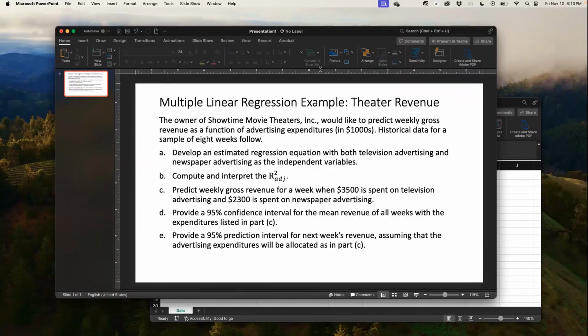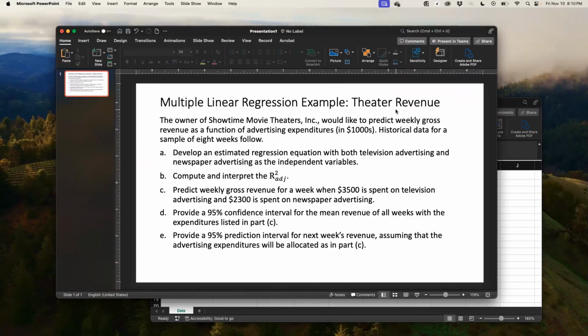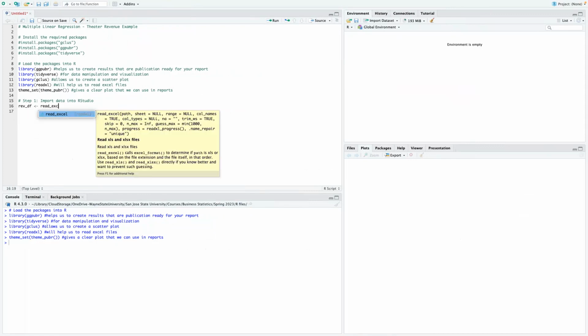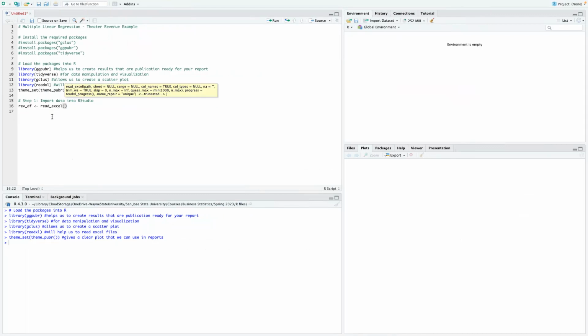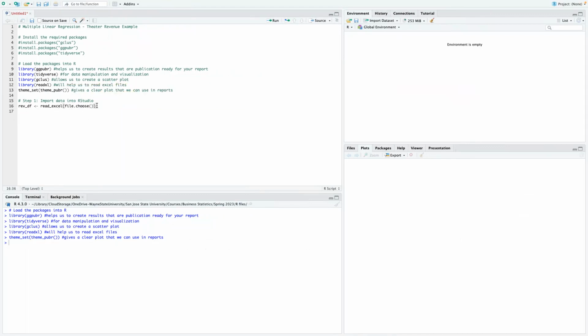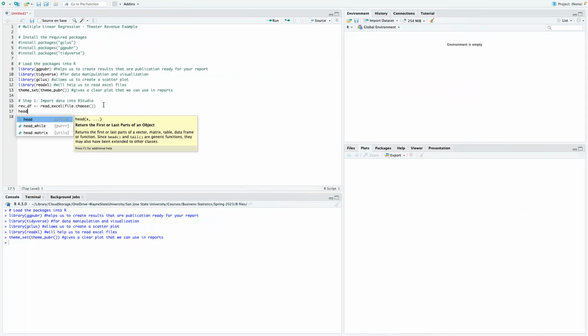Since we're dealing with a revenue example, I'll probably just call my data frame revenue_data_frame. And then we call the read_excel function with file.choose. You know what?